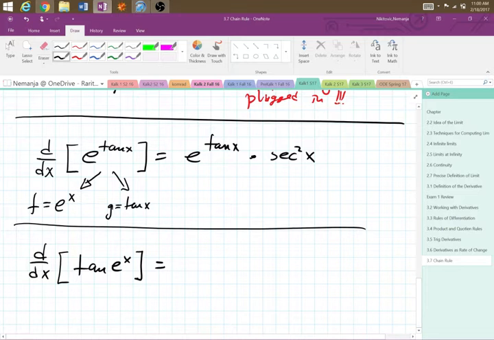Ta-da! Swap them now. Function composition is not commutative. All right, so think of this one a little bit, and then, as Nike would say, just do it.